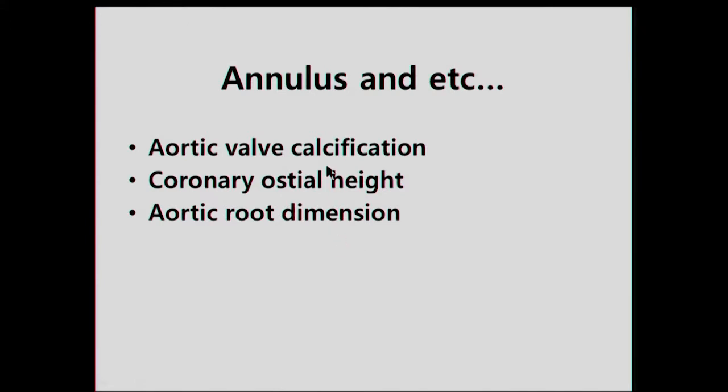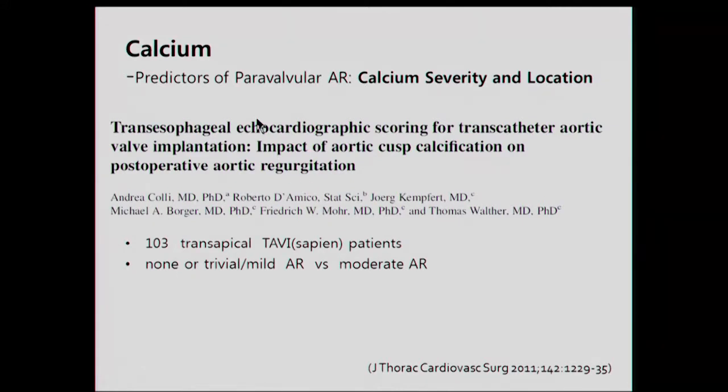In addition to annulus measurement, aortic valve calcification, coronary ostial height, and aortic root dimensions should be sought as well. About calcium, calcium extent, severity, location, and asymmetry were thought to be predictors of paravalvular AR and other potential procedural outcomes.